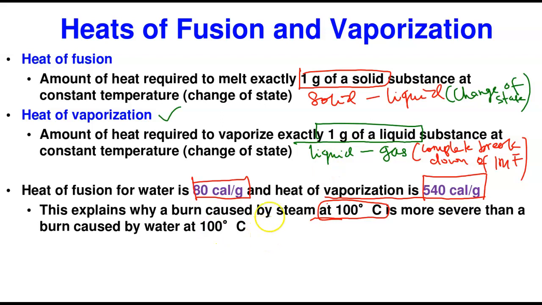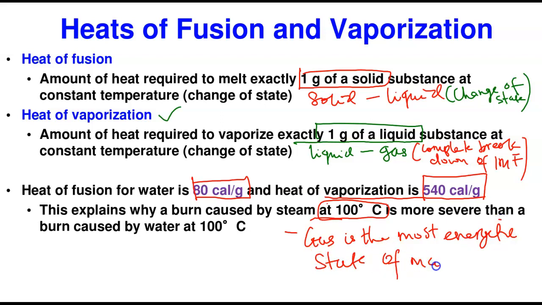And part of the reason is that we know the gaseous state is the most energetic state of matter. And at that point, remember what happens? Molecules are moving so fast. And remember, when molecules are moving so fast, that is a measure of the average kinetic energy of those molecules.